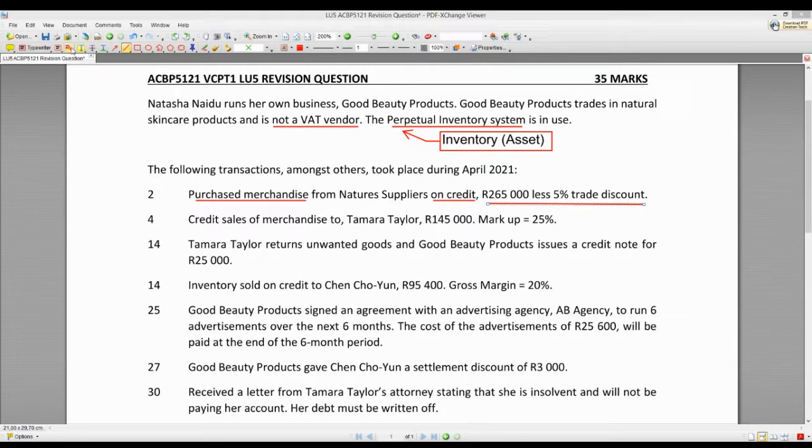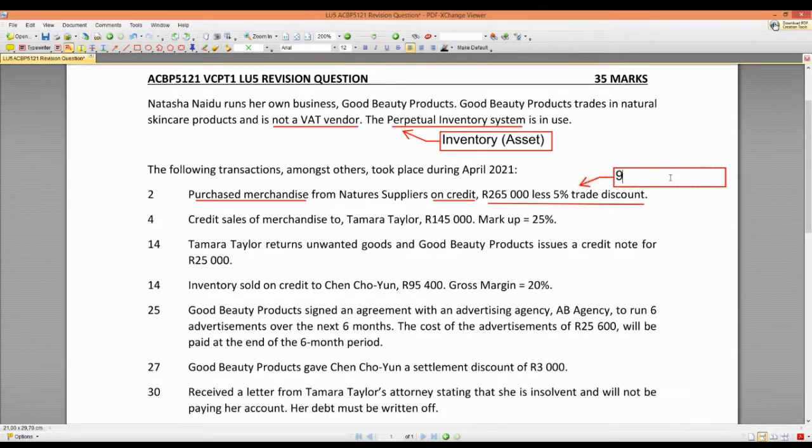Okay, we are not going to capture it at the full value. We will capture it at the 95%. So what we've actually paid for it will be recorded.